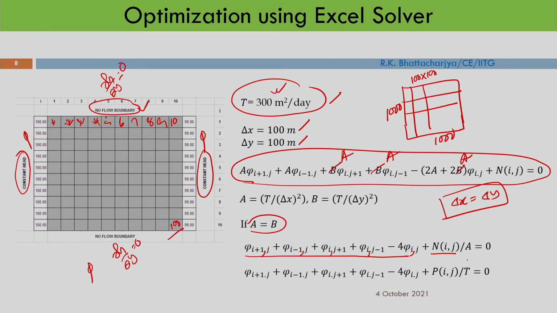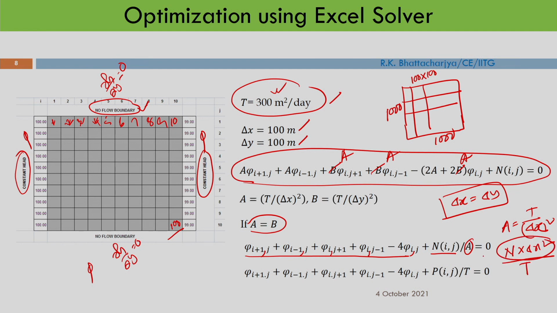And finally, if I put the value of A, which is T by del x square, what I am getting is n into del x square by T.